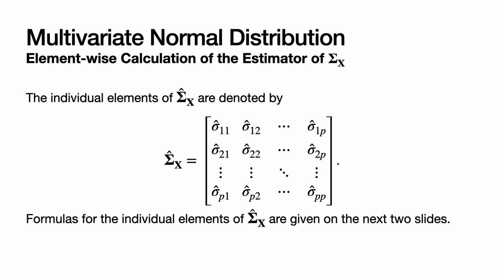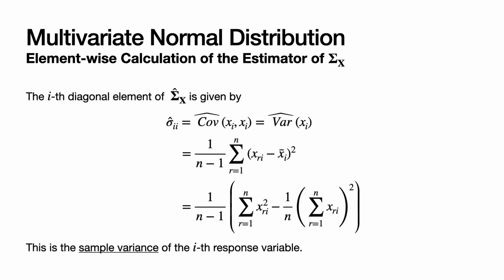The individual elements of cap sig hat sub x are denoted by the following. So the ijth entry in that matrix is denoted by lowercase sigma hat sub ij. Formulas for the individual elements of this matrix are given on the next two slides. Let's first look at the diagonal elements in that matrix.